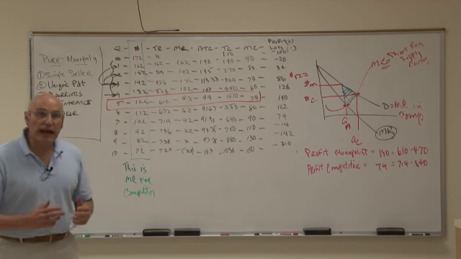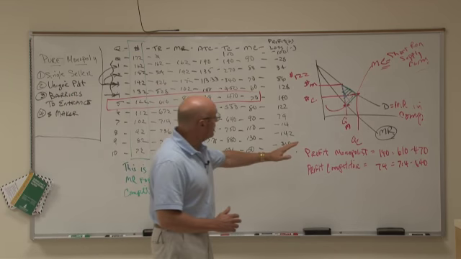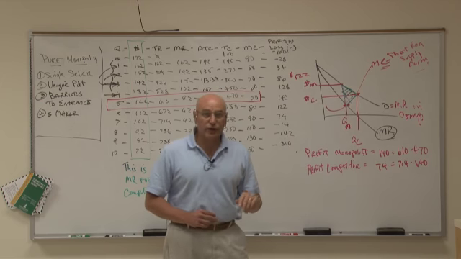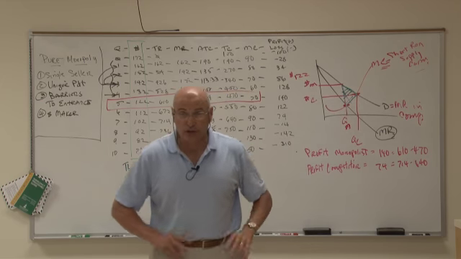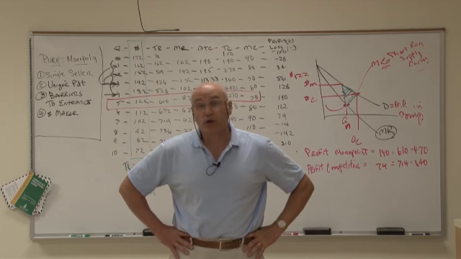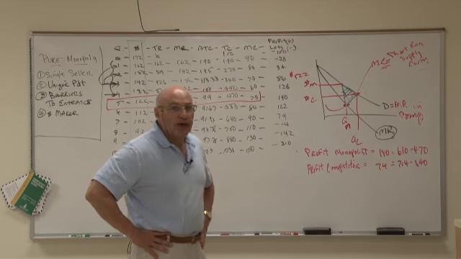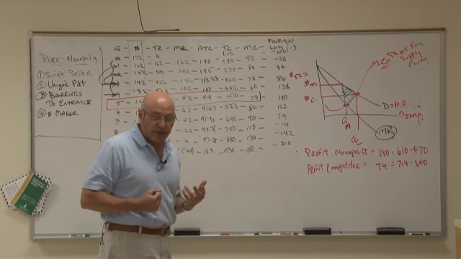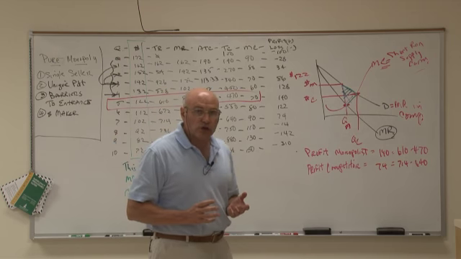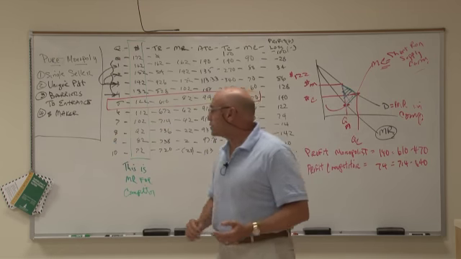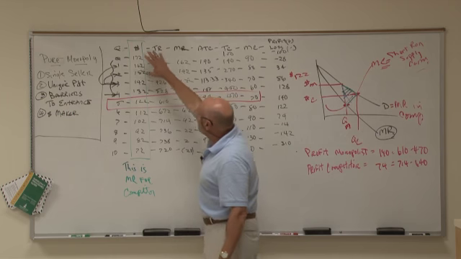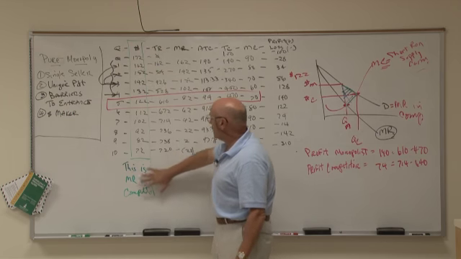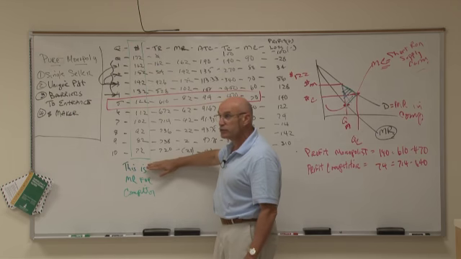Now, in order for us to accurately see on here exactly what the competitor would produce under ordinary circumstances if it were in a purely competitive industry, we need to go back and do the same thing. Find the point where marginal revenue is equal to marginal cost. However, I've highlighted my price column for a purely competitive producer.